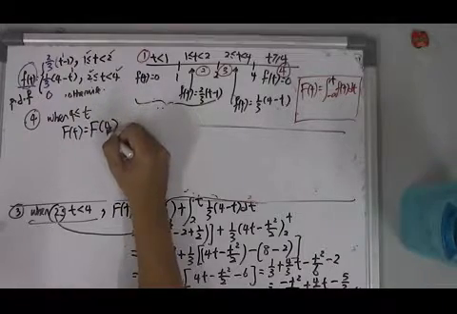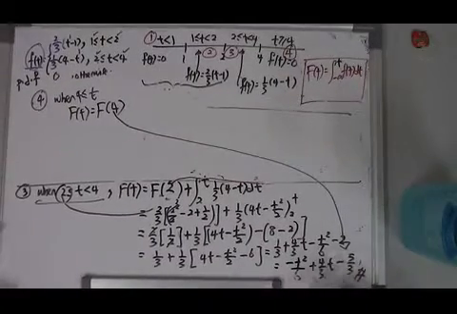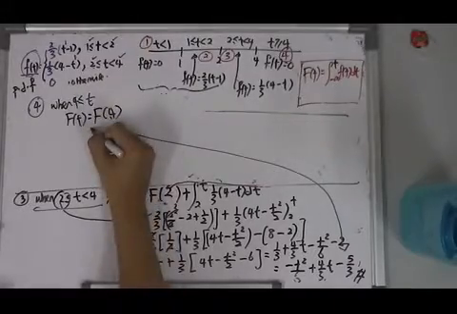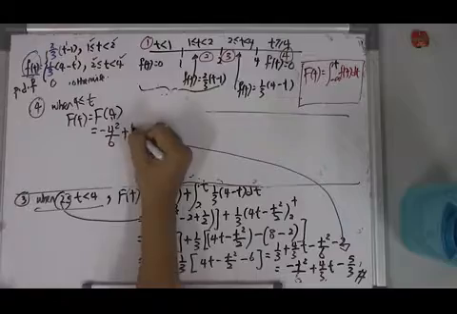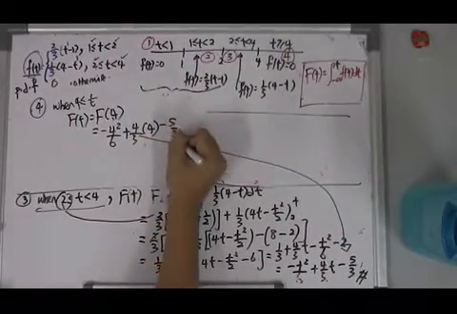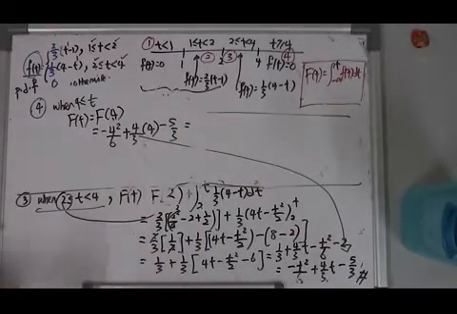This 4 you substitute into the previous function, the answer for the previous one. Now you substitute, you will get negative 4 squared divided by 6 plus 4 over 3 times 4 minus 5 over 3. Alright, you calculate this value.